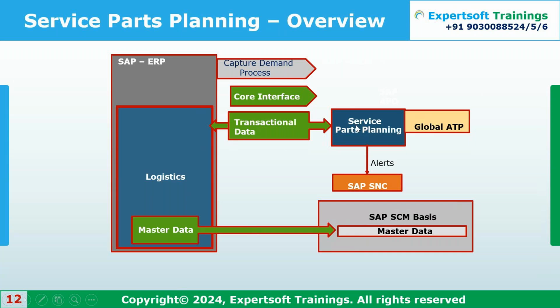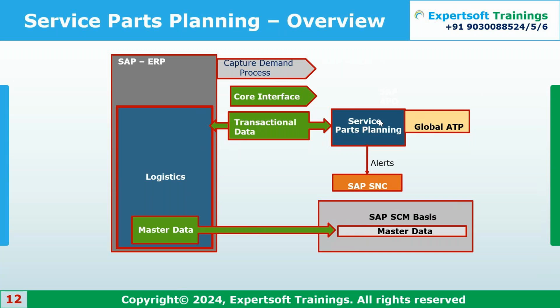Suppose we have stock in the ERP and there is any change in it, that will get transferred to the SPP. Suppose there is any inbound received at the ERP system and the stock has changed, it will go through transactional data to the SPP.